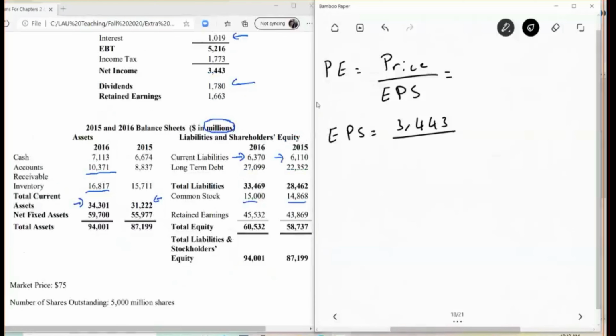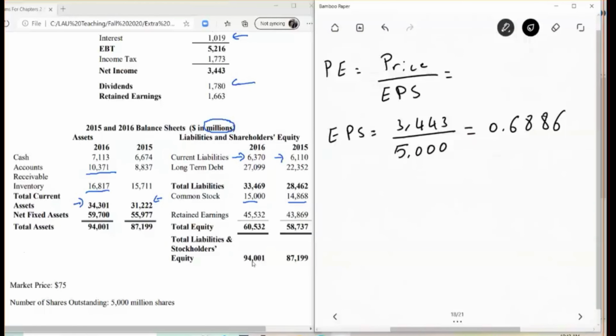Here I can directly divide 3,443 by 5,000 because all the figures, whether in the balance sheet or the number of shares outstanding, are in millions. So here in millions of dollars, here in millions of shares, and the answer is $0.6886.